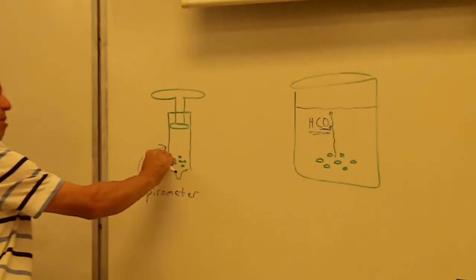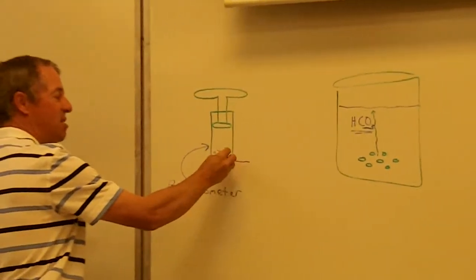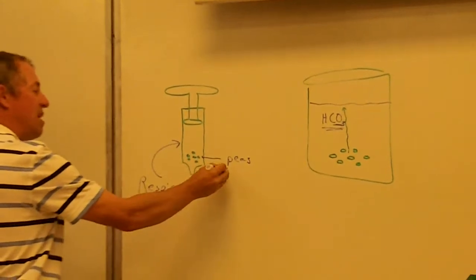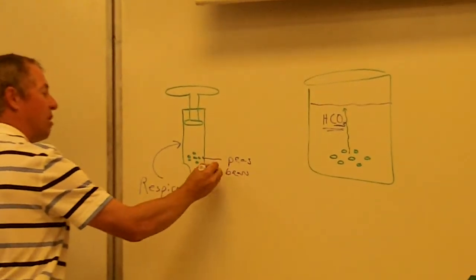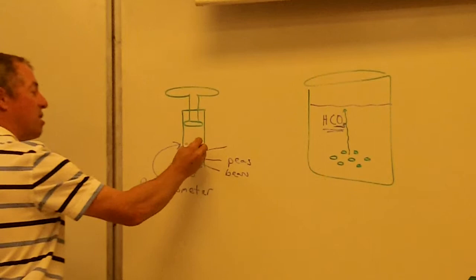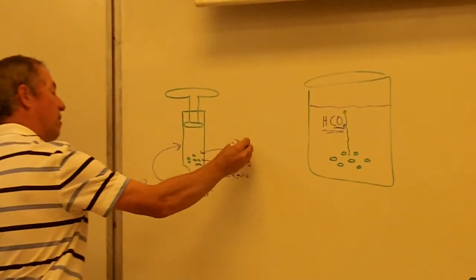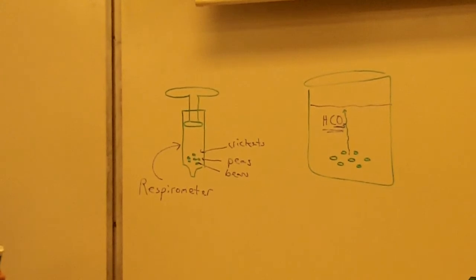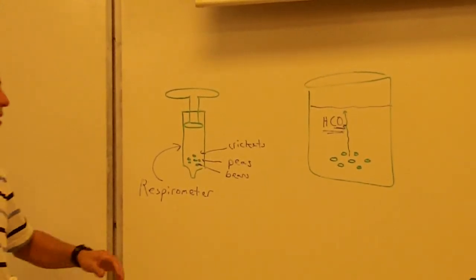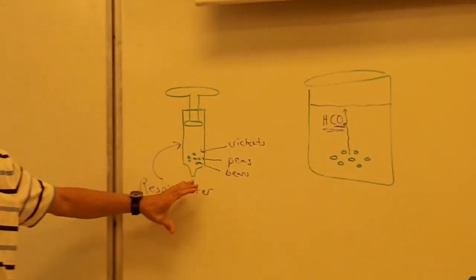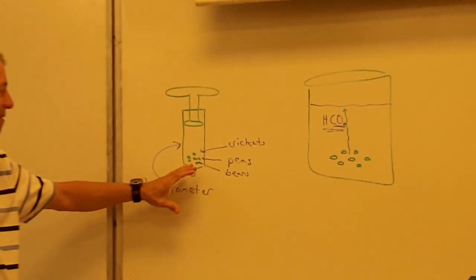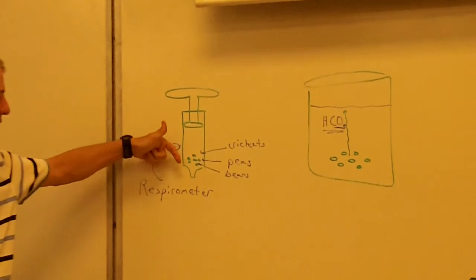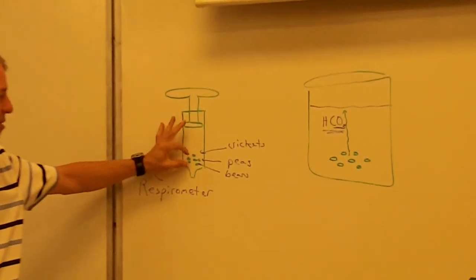In a respirometer, you put little tiny peas or beans or some sort of little organism. You could even put crickets in there. And if you dunk this whole thing underwater, you will see the water level change as these things do their respiration.